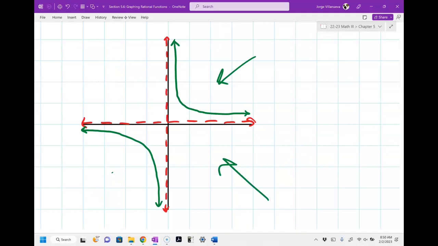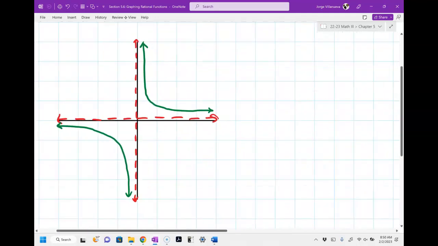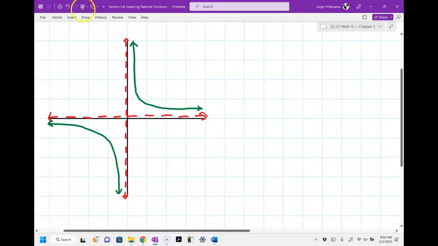So there can be a shift in where they're at. They'll either be in quadrants 1 and 3, or they'll flip over and be in quadrants 2 and 4. But it's always going to be basically the same shape. This is what we call a rational function in terms of a graph.